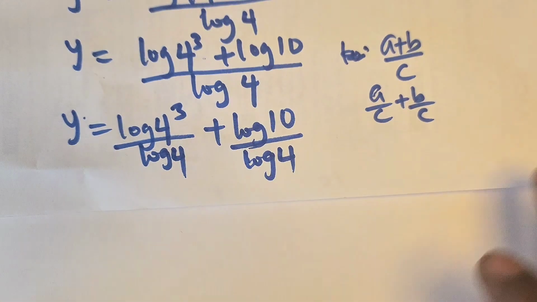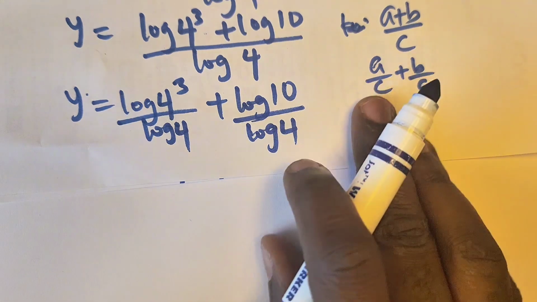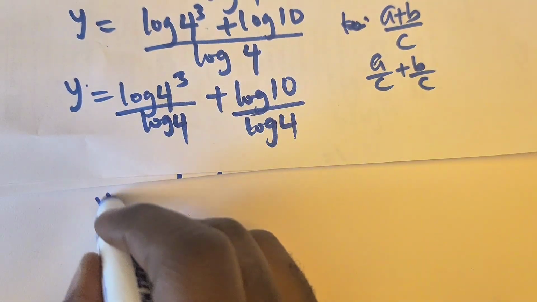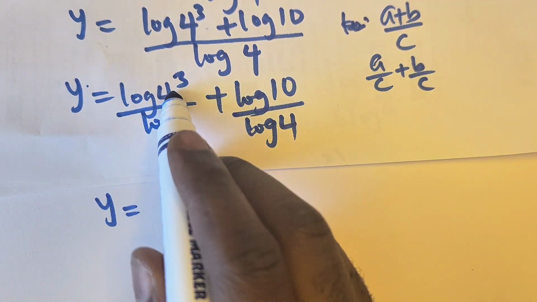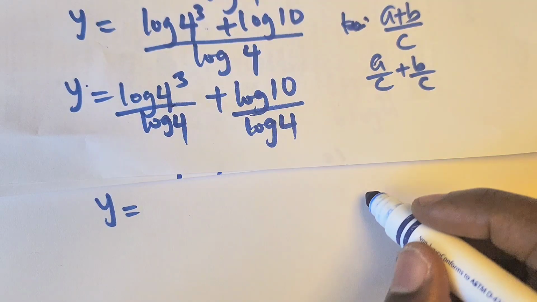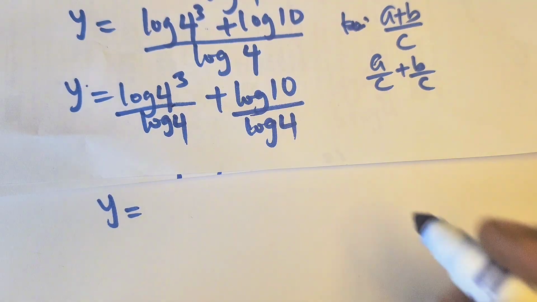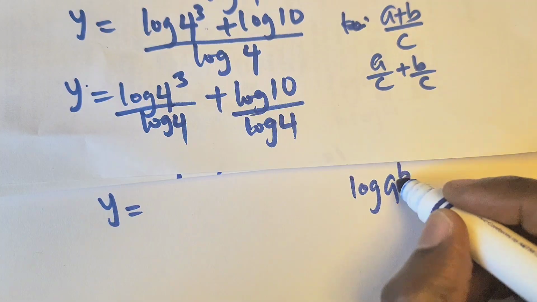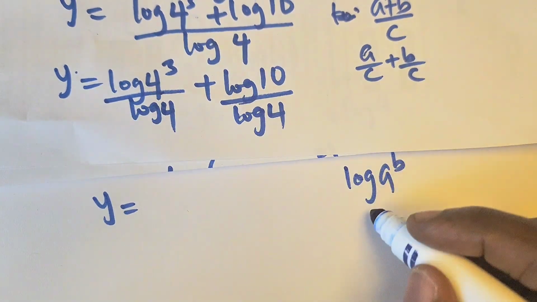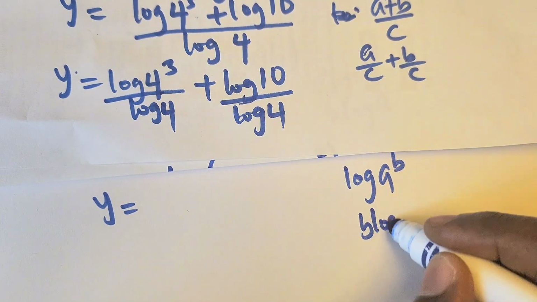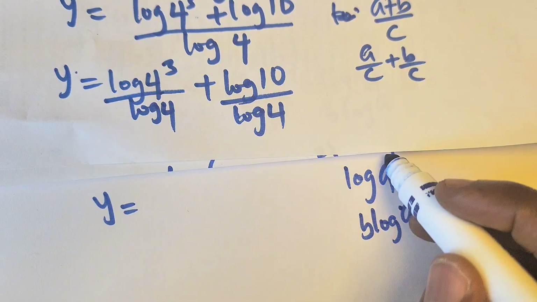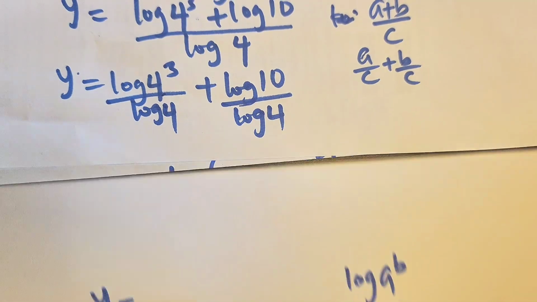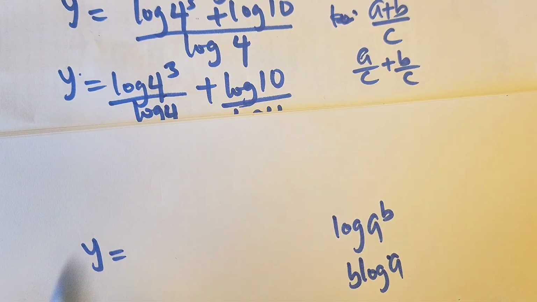And from here, you can easily have y equals, also here, if you have log a to the power of b, this is the same thing as saying b log a, just move this behind. So I'm going to be using the same law here.